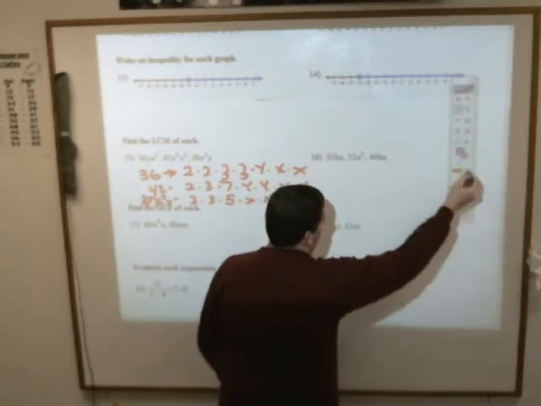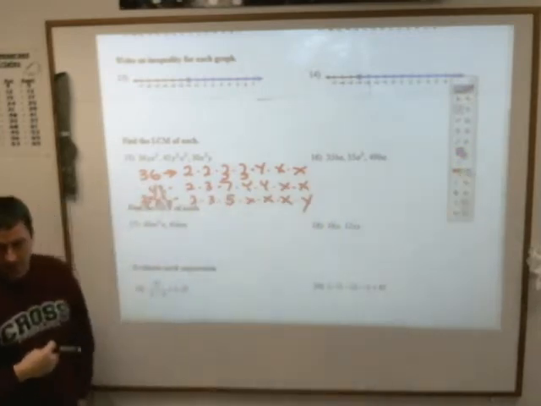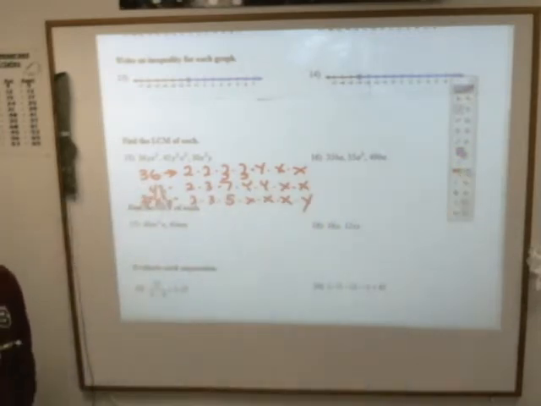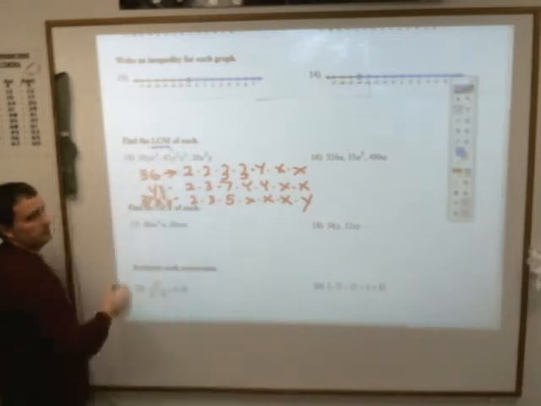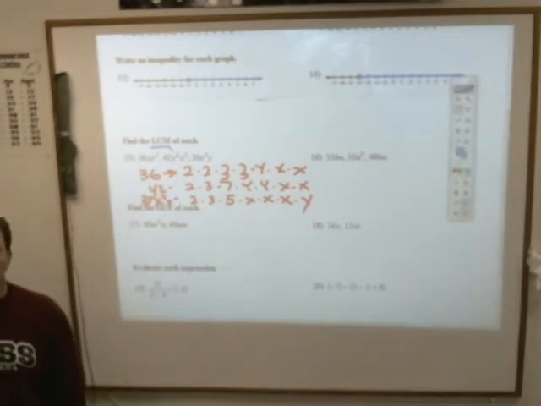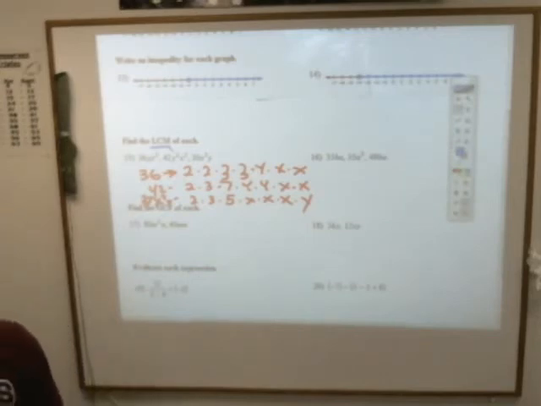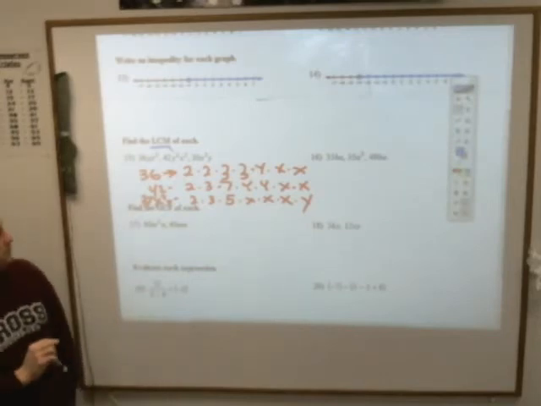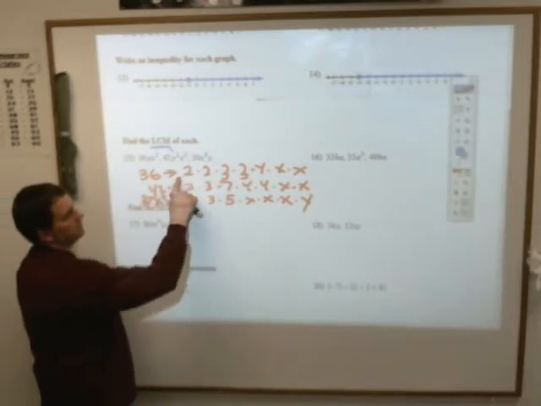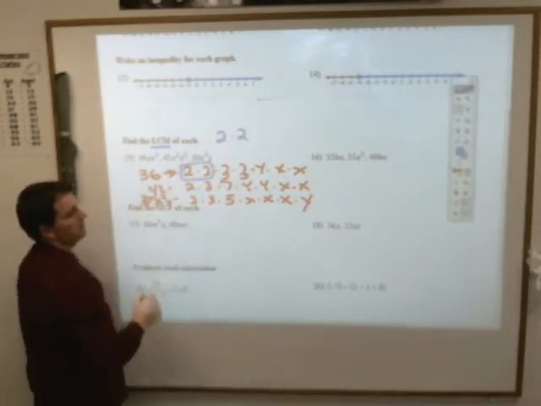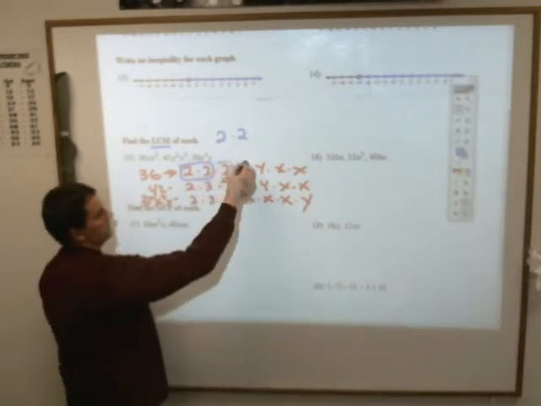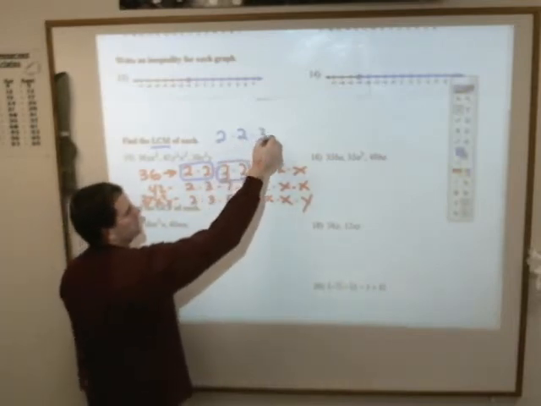So, Gwen, you got all this and you went wrong on the next part? Probably. When you look for the least common multiple, you take the group that has the most of each different type of factor. So you need the one that has the most 2's, which would be 36. You take 2 2's. Which group has the most 3's? 36 as well. That's 2 3's.